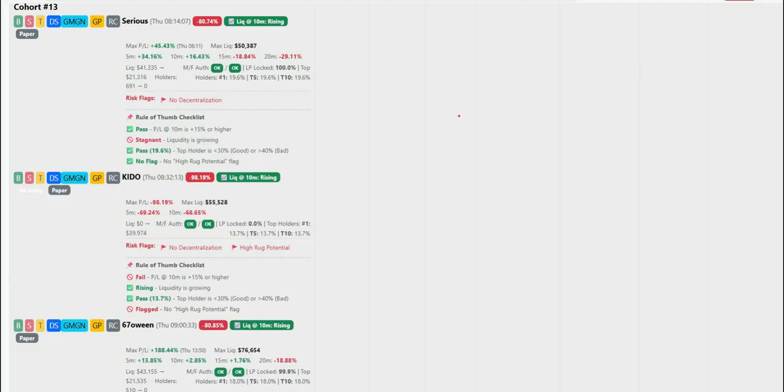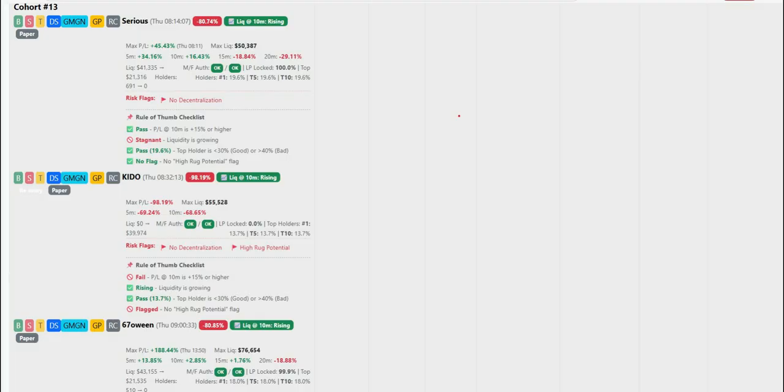Next, look at the token KIDO. This is marked as a re-entry, a signal on a token that was previously profitable. But more importantly, notice the red high rug potential risk flag. This is a major warning. Let's check its rule of thumb checklist. It fails the PL check. It shows rising liquidity, a positive sign.